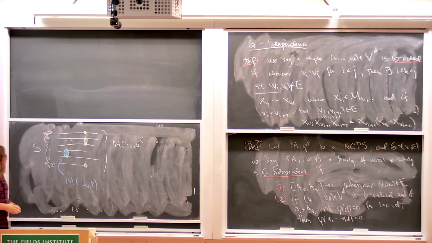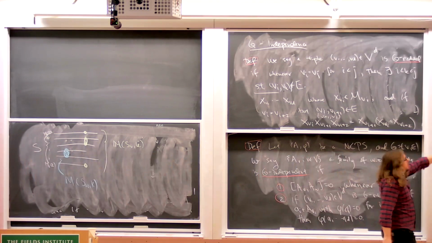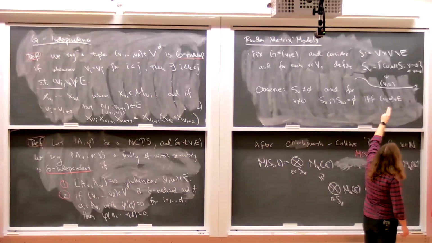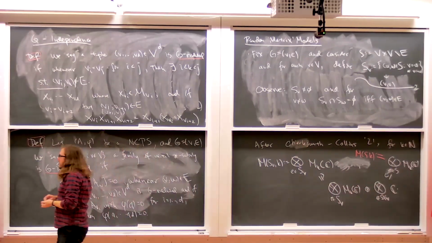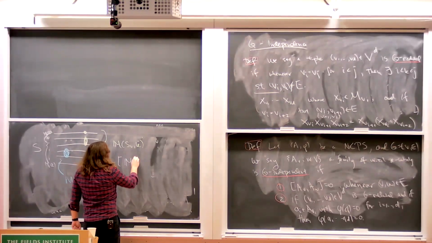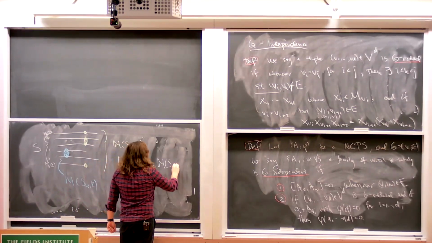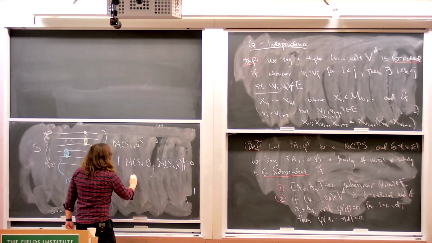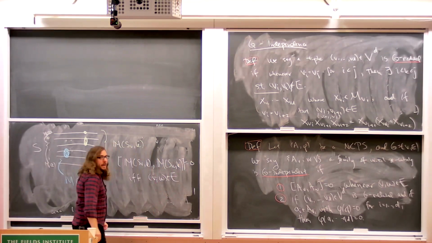And the point is that because of this property over here, that the subsets are disjoint exactly when I have an edge, what this translates to algebraically is that these subalgebras will commute if and only if these form an edge.